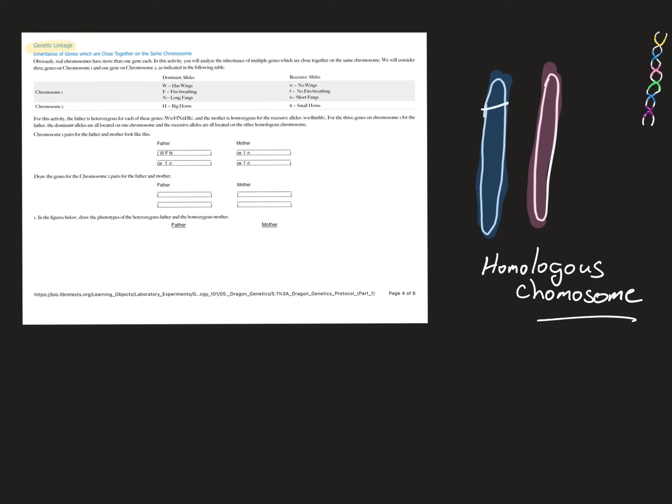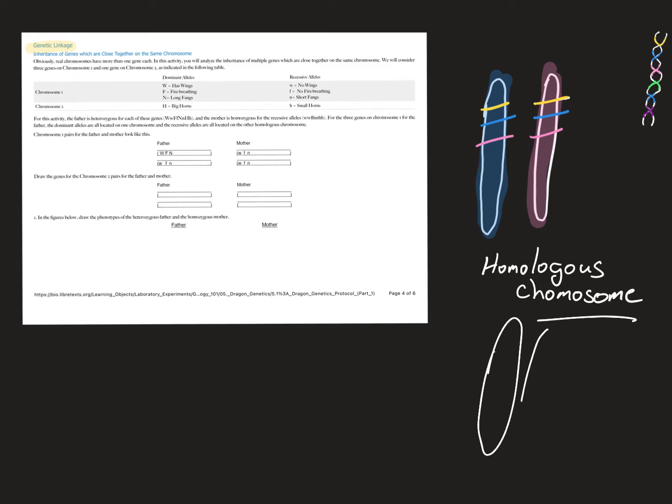So the W genes are both found here, and the F genes are both found here, and the N genes are both found here. And then of course the H gene would be found on yet another chromosome, so there's another chromosome that has a pair.